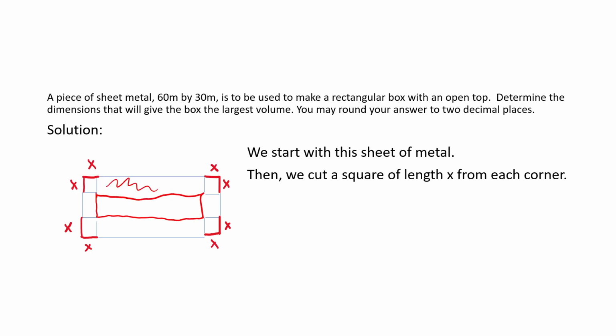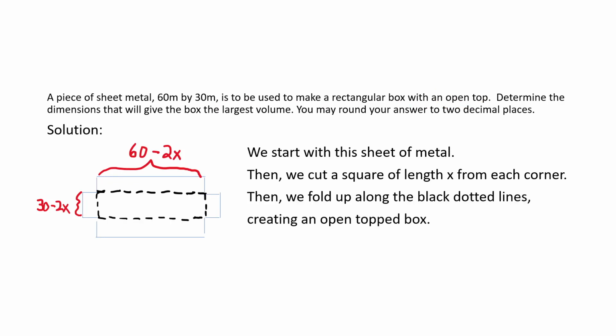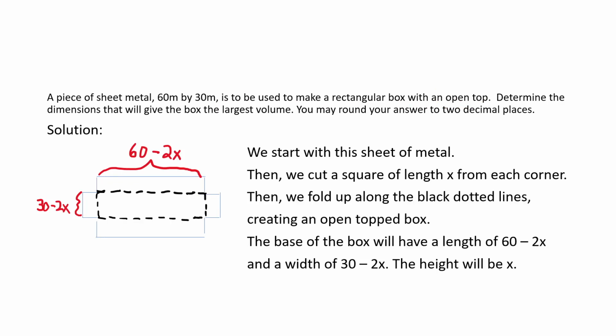And then all of these shaded regions are sides that we're going to flip up to create the box. And there doesn't need to be a top because that literally tells us we're going to have an open top.